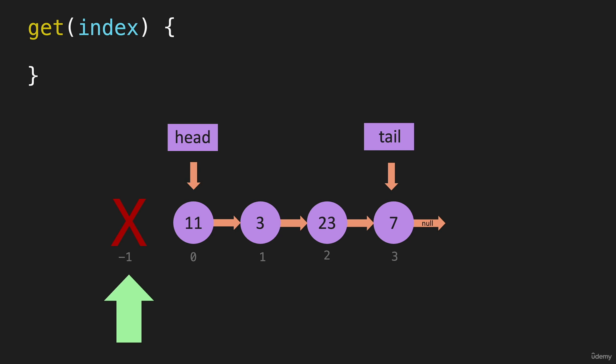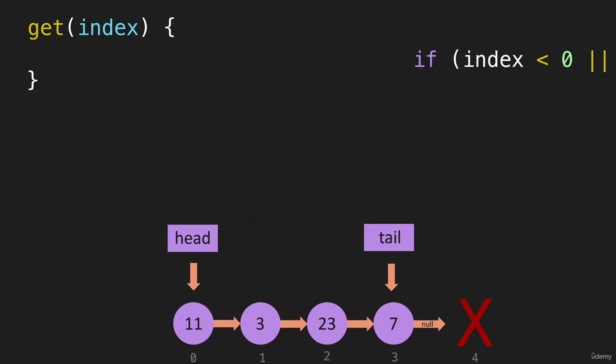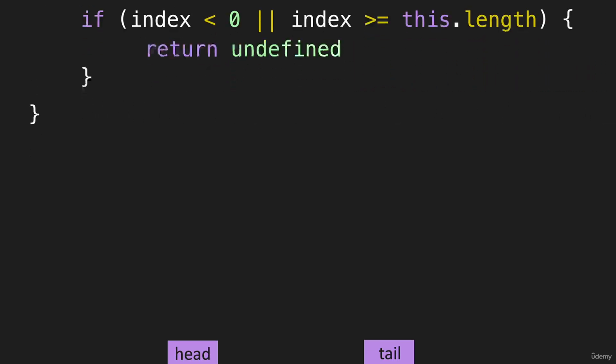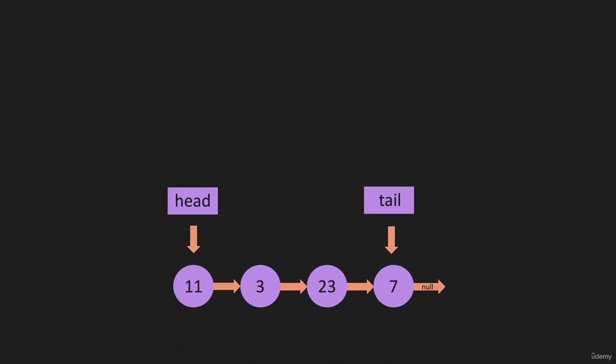And we can't return anything at the index of 4 or greater. We could say greater than or equal to this.length. So we could do it like this. If the index is less than 0 or it's greater than or equal to this.length, then we're going to return undefined.